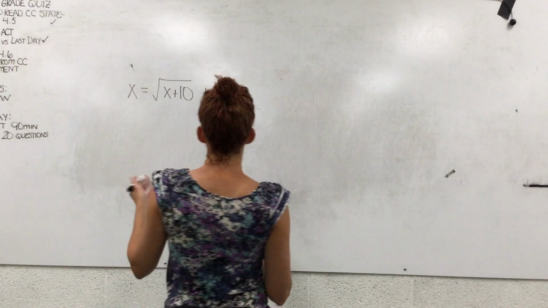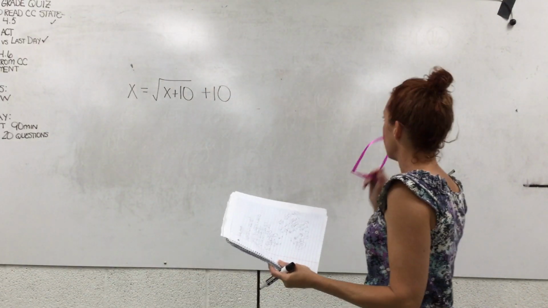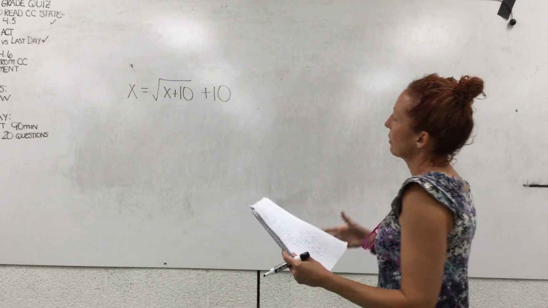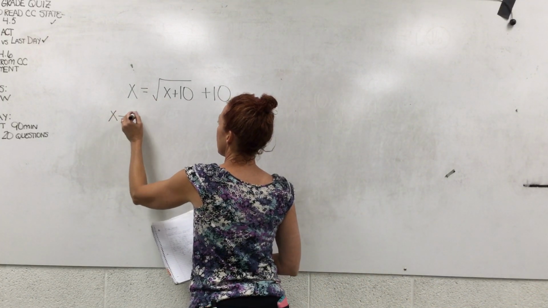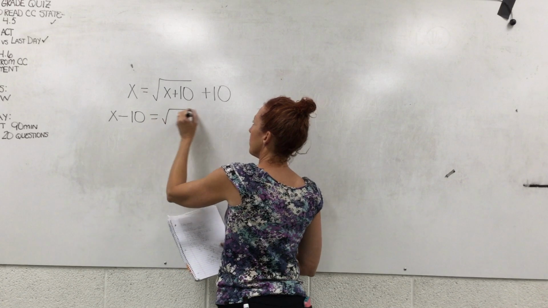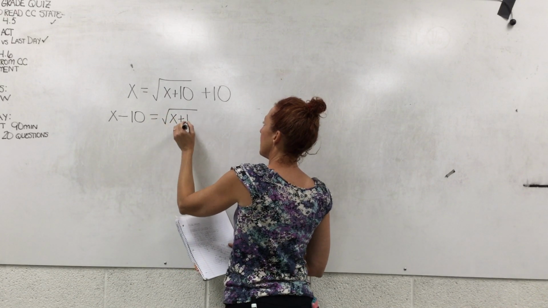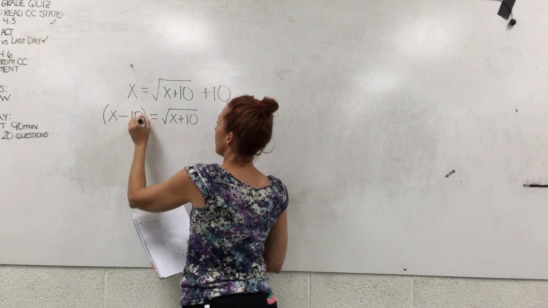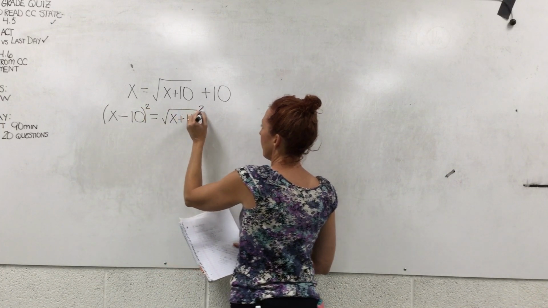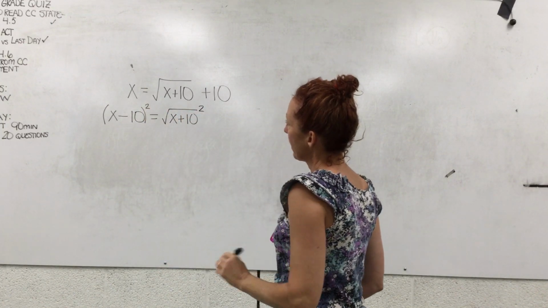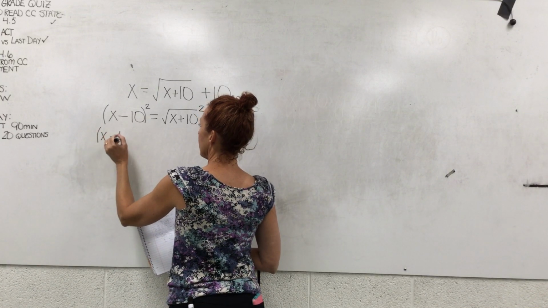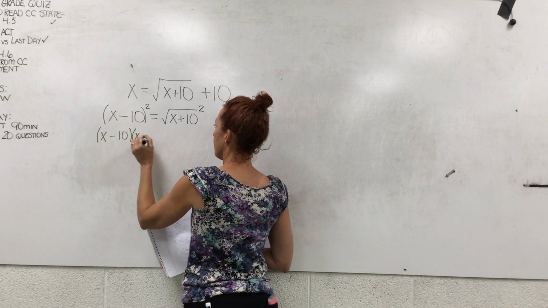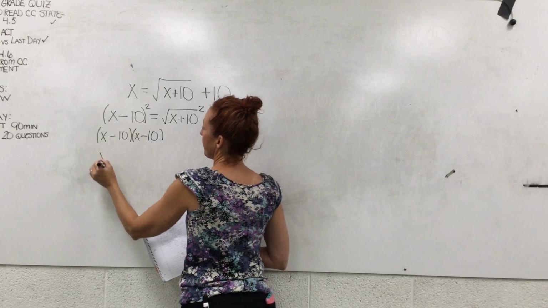So I'm glad I just didn't see that I had this written as a try. We could have introduced this earlier. So I'm going to move this to the left. I'm going to get x minus 10 equals radical x plus 10. We're going to square both sides. I'm happy that you have one like this to try though. We're going to get x minus 10 times x minus 10, which means you need to FOIL.